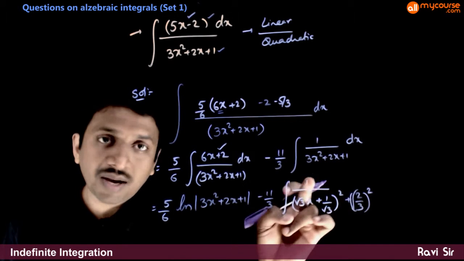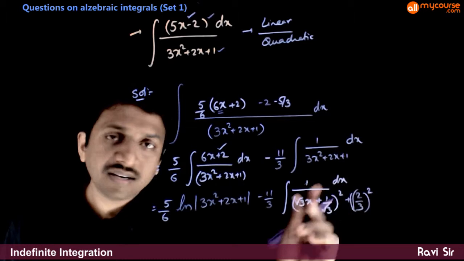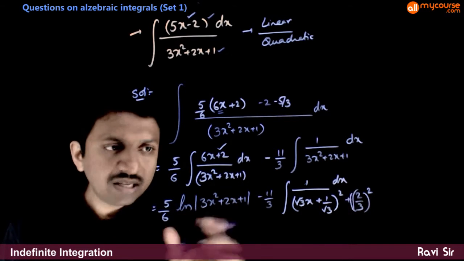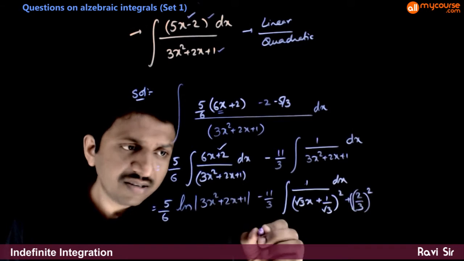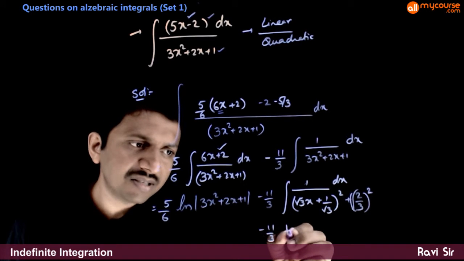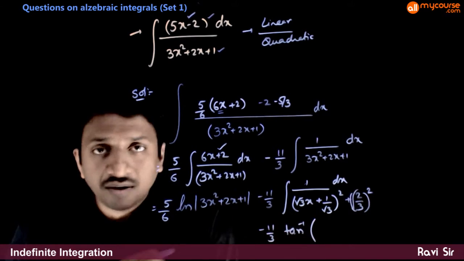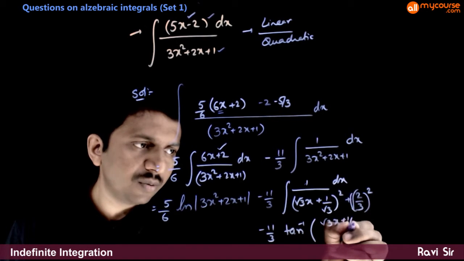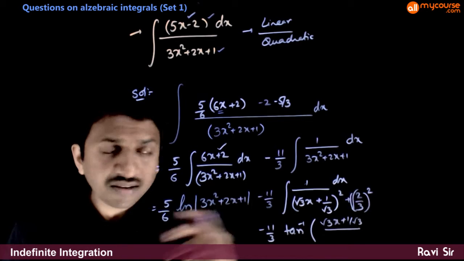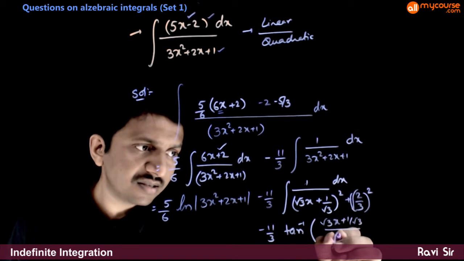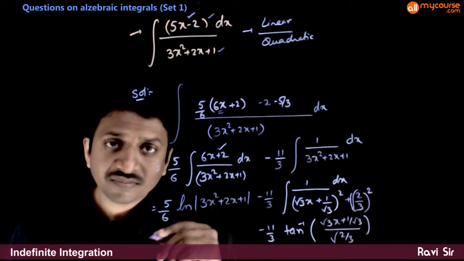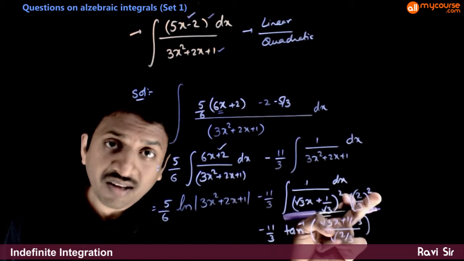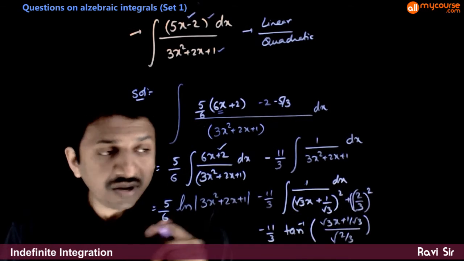Now these are of the form 1 by (a square plus x square) dx. So the formula is 1 by a tan inverse x by a. This has already been done. So minus 11 by 3 times tan inverse of, in the place of x you have root 3x plus 1 by root 3, divided by a, which is root 2 by 3, and you have a 1 by a in the formula.